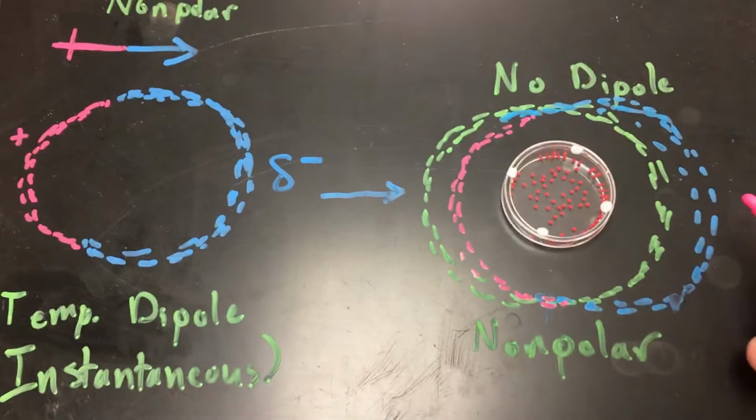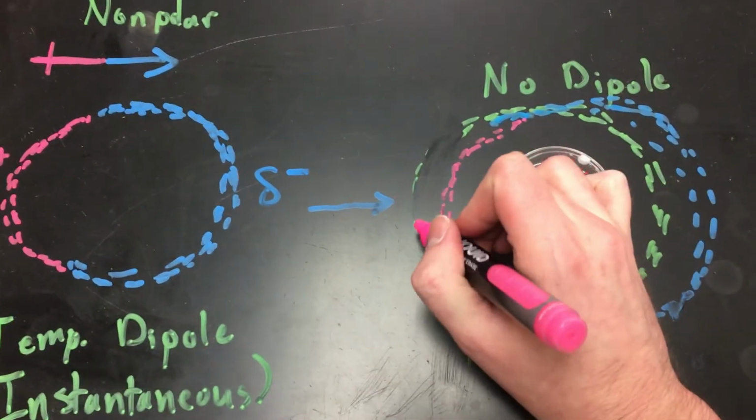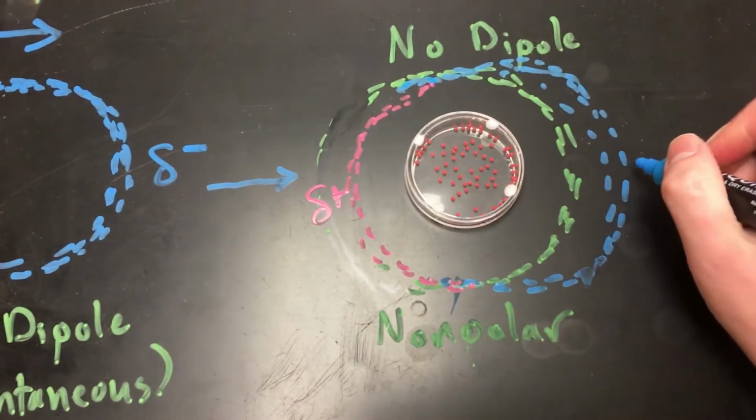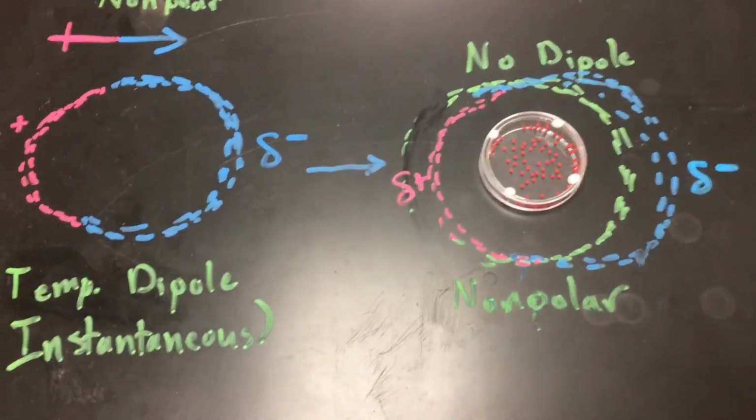So what we end up with is a very similar situation, where we now have a partially positive charge over here and a partially negative charge over here. And what we have made now is another temporary dipole.